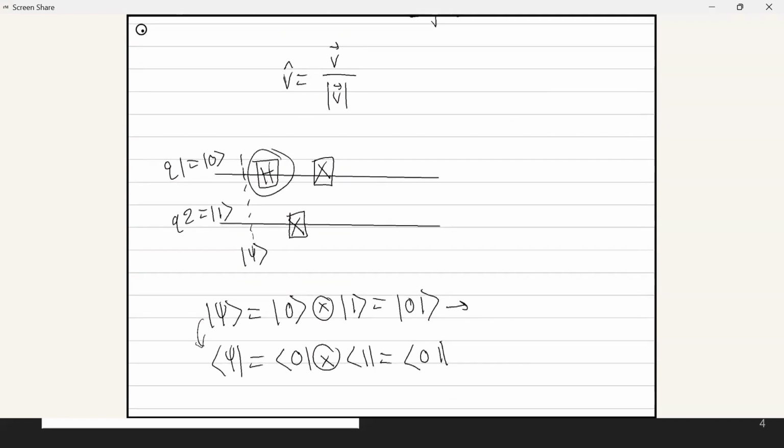But in this case, let's show it here. For this Hadamard gate, we have psi equals 0, 1. And then the next psi after that Hadamard gate would be equal to, anybody know?